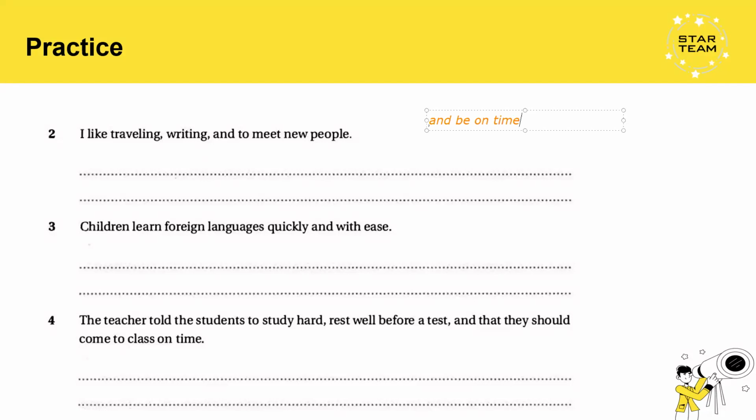Is it correct? What do you think, guys? The teacher told the students to study hard, rest well before a test, and be on time. I think it's okay, yeah? If you have your suggestions, please feel free to write.